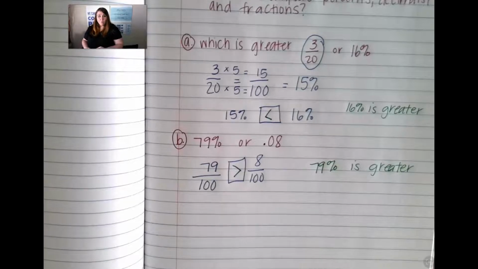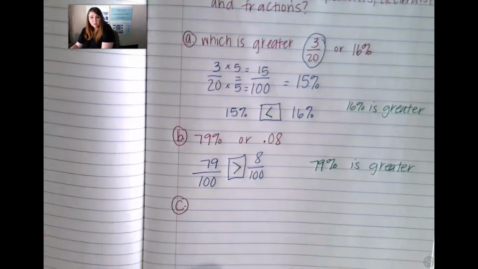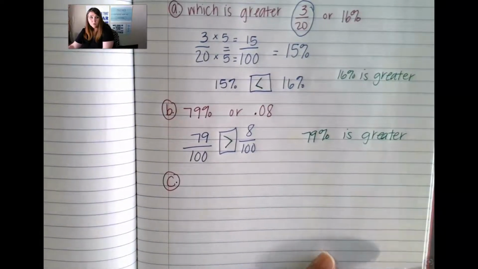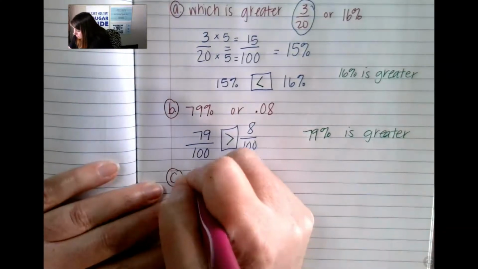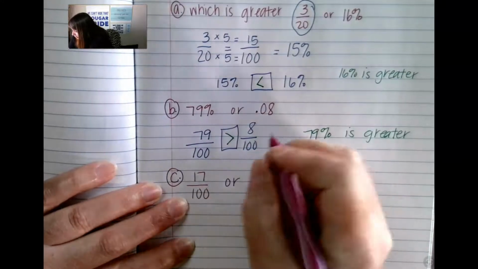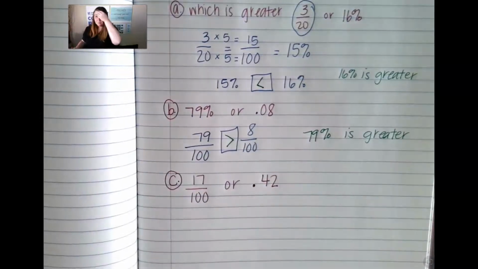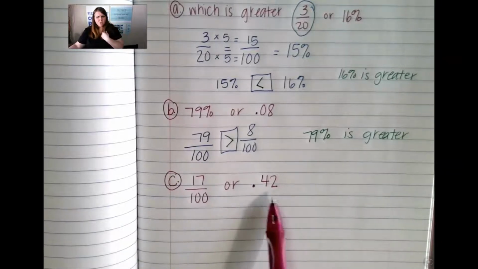Okay, so what if I had one that looked like this? Now they want us to compare 17/100 or 0.42.